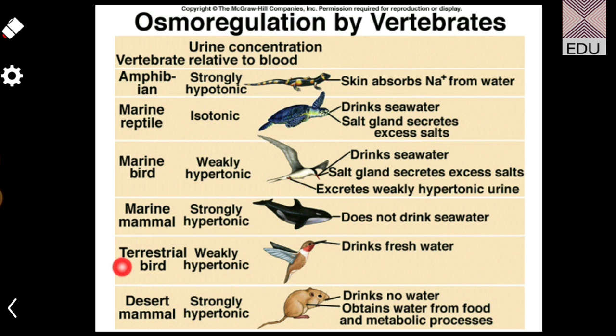If we go with the terrestrial bird, it drinks fresh water, and they give out weakly hypertonic urine, as they have to conserve the water. If we go with the desert mammals, they give strongly hypertonic urine, and they drink no water; they obtain the water from metabolic processes, as we have discussed in the previous slide in the case of the kangaroo rat.